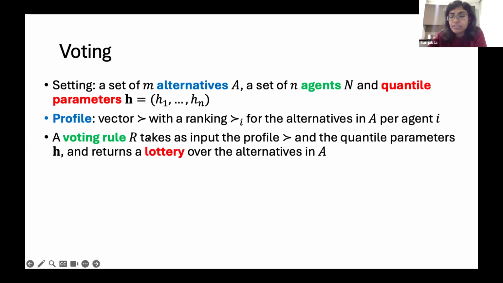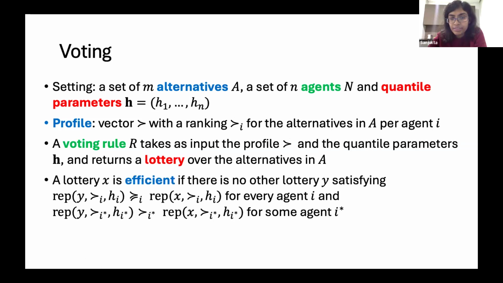A voting rule now takes this profile and the quantile parameters, and returns a lottery over the alternatives A. This lottery is efficient if there is no other lottery Y such that Y gives a strictly better representative for some agent i star, and for every other agent, the representative is at least as good. Okay, standard definition of efficiency, but here we are only looking at the representative to compare.